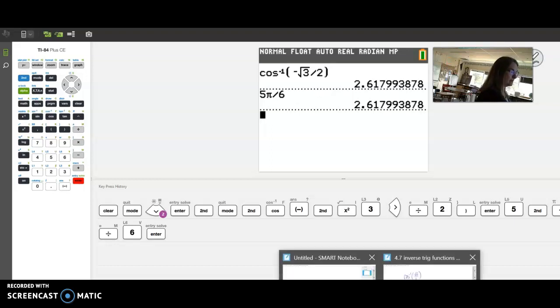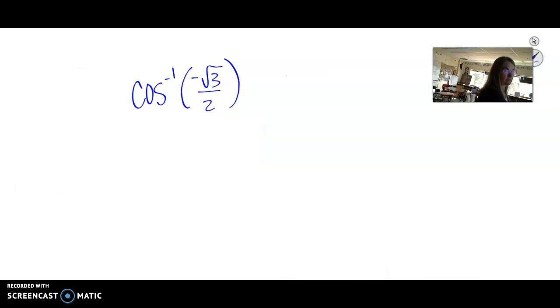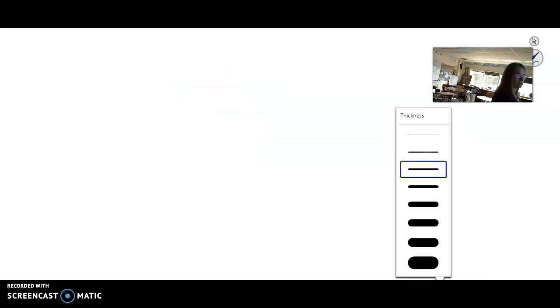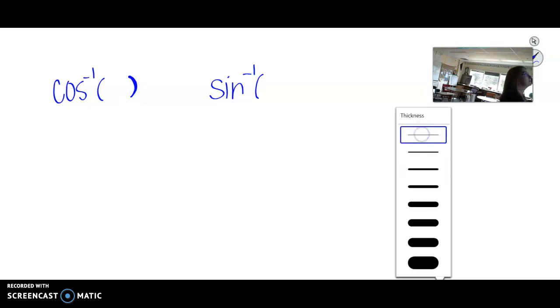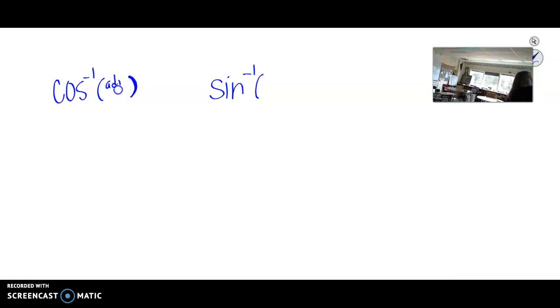Okay, so back to our inverse trig functions. Cosine inverse of the output, which would be your side adjacent to hypotenuse, so the ratio would be here.